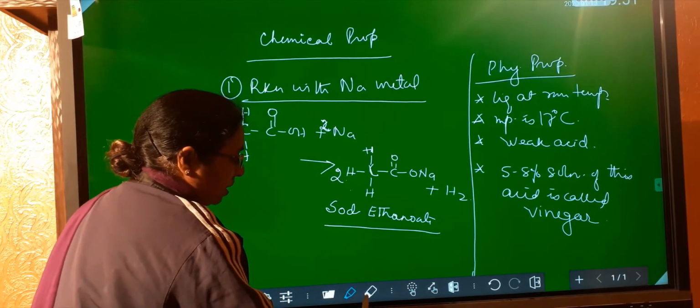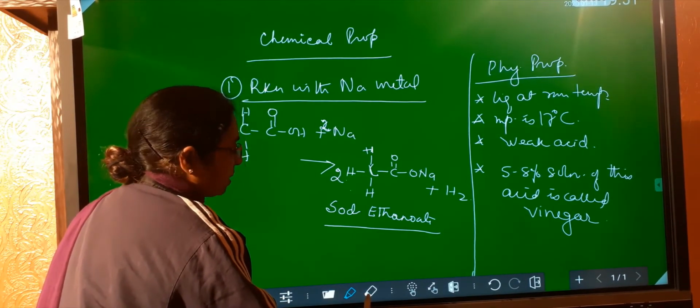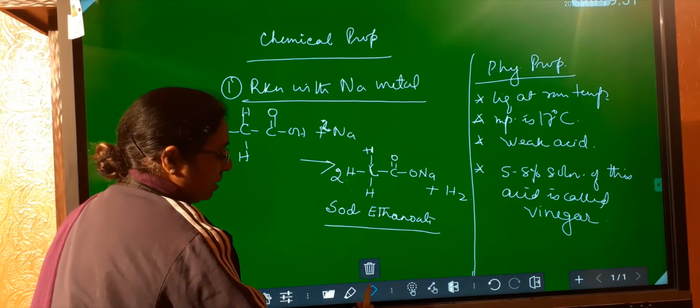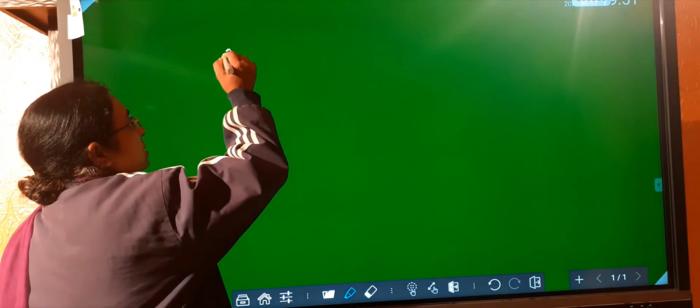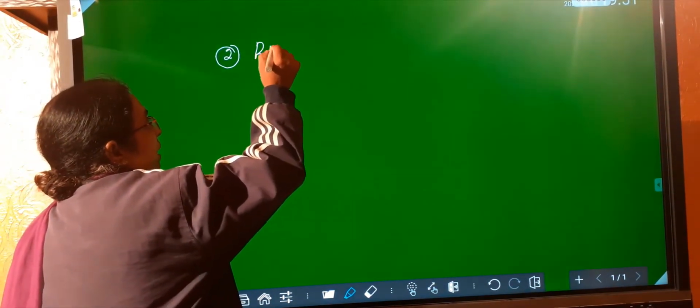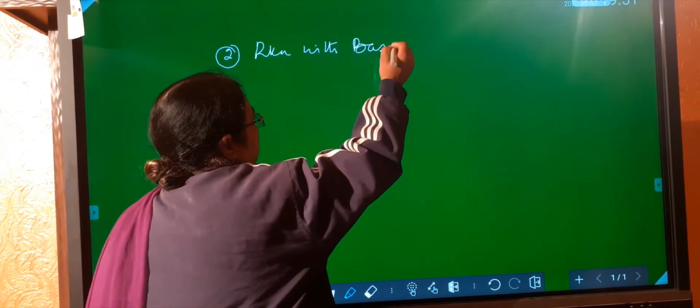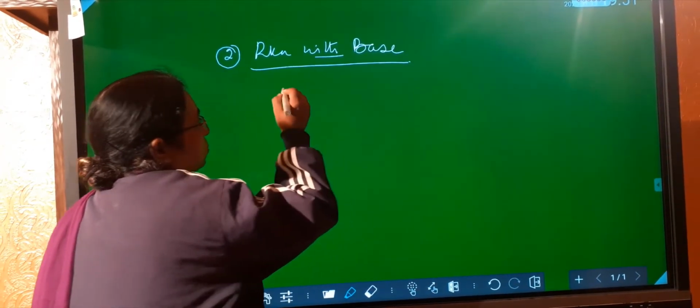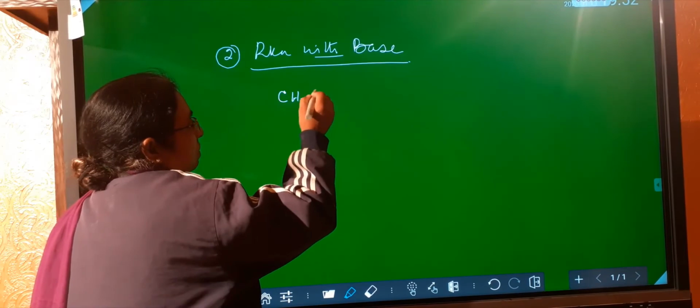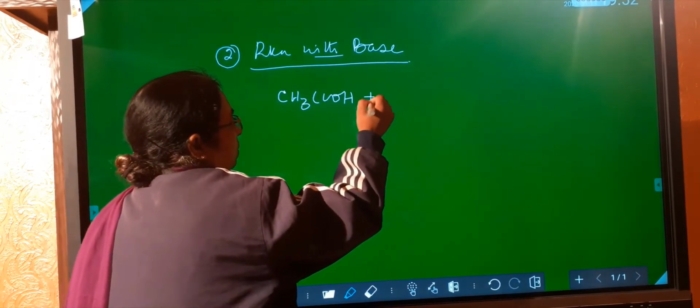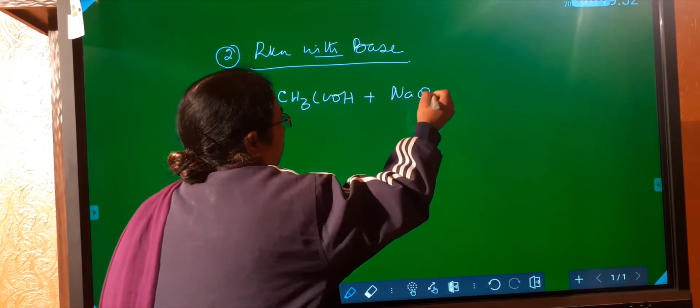Fine. Now after this reaction with the sodium metal, since this is an acid, it should react with the base, so the reaction with base, we are choosing NaOH.